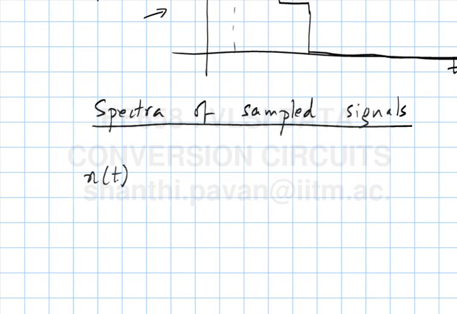So the continuous time signal is denoted as x of t, and it has a Fourier transform x of j omega. When you are dealing with continuous time and discrete time signals, the continuous frequency variable is denoted by capital omega, and the discrete time frequency variable is denoted by small omega.